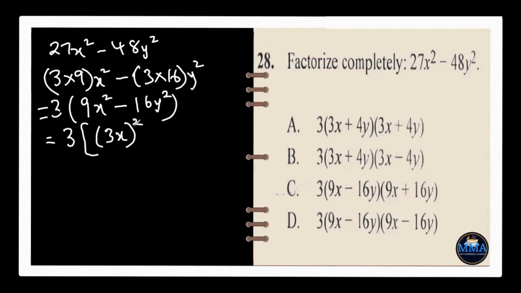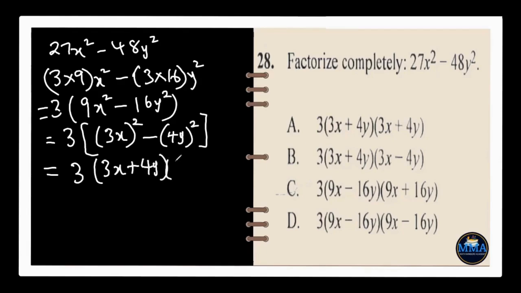The 2 outside, we have fed both 3 and x. So when it operates on 3, it's going to give us 9, and here it will give us x squared. The same way, we are going to have 4y, then raised to 2 here. So now, this is going to be 3 bracket 3x plus 4y, then 3x minus 4y.